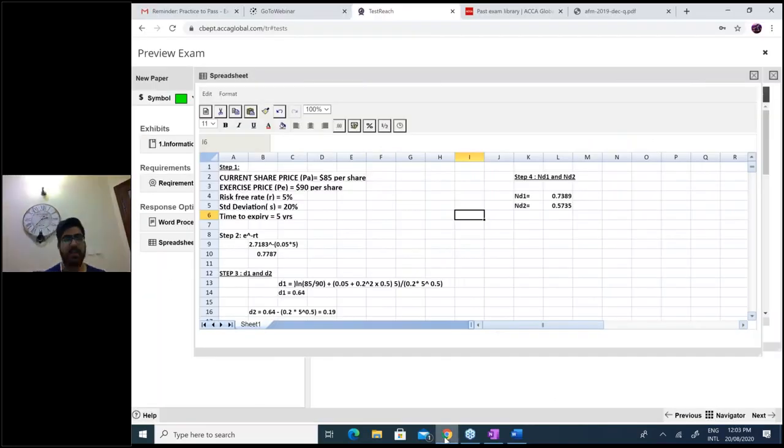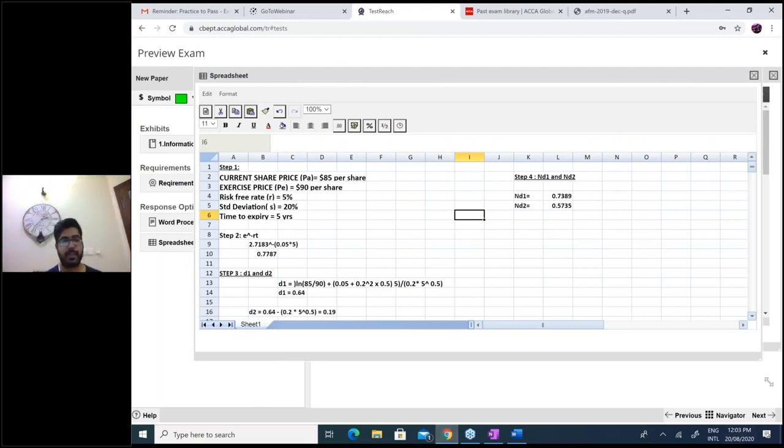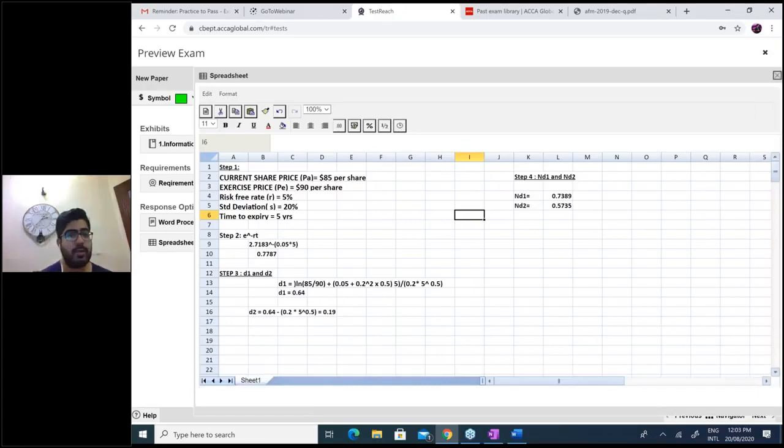Okay, so using the Black-Scholes model, you were asked to find the value of the option. I told you that whenever you want to find the value of an option, you need to show 5 steps. Current share price, exercise price, R, S, T, all these would be given in the question. Step 2: e, 2.7183 constant, to the power minus RT, it's 0.7781.